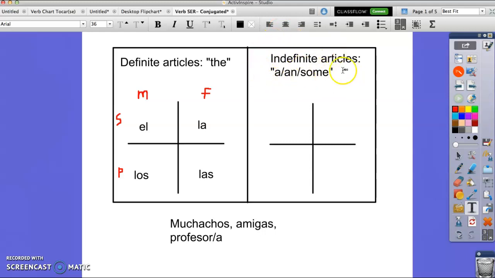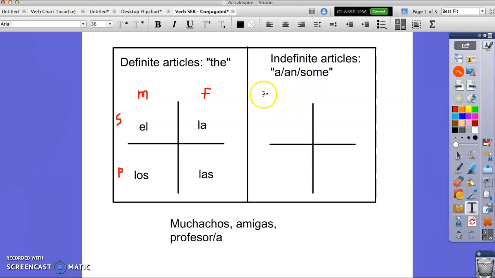Okay, now over here we have indefinite articles, and these are also articles, but they're kind of non-specific. So it's like a computer, an apple, some friends. Okay, so if I'm not being specific, I'm like, hey, why don't you invite some friends?